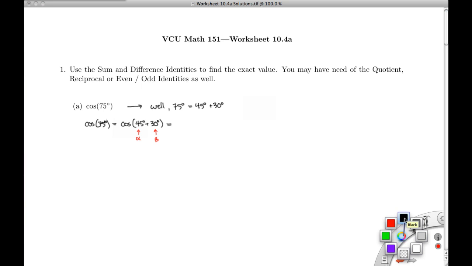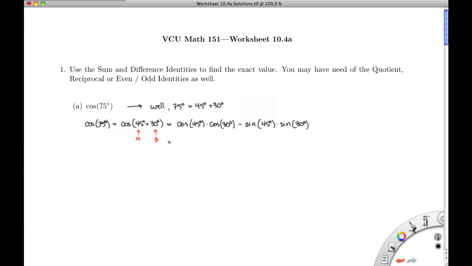And then using the identity, we can rewrite this as the cosine of 45 degrees times the cosine of 30 degrees minus the sine of 45 degrees times the sine of 30 degrees. So now these are values that we should be able to relatively easily get the exact values for. So let's think about this.